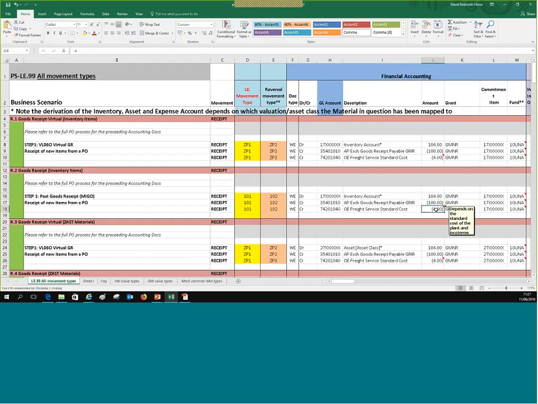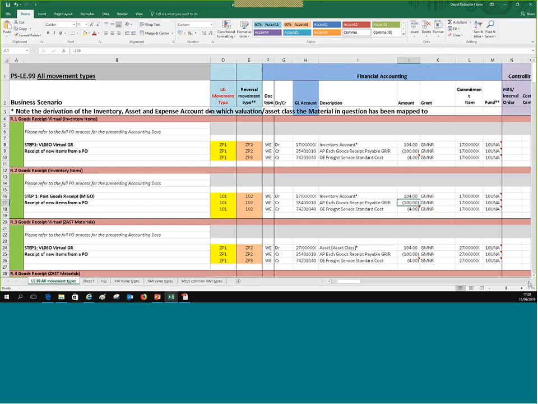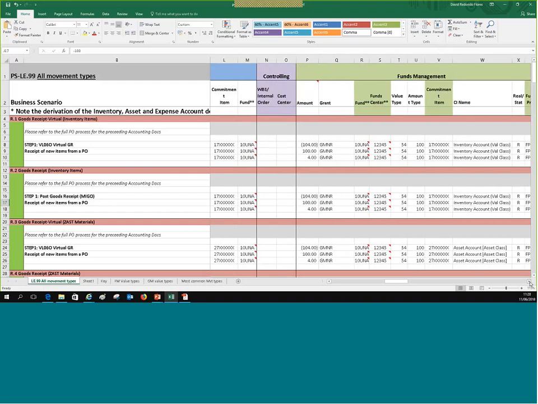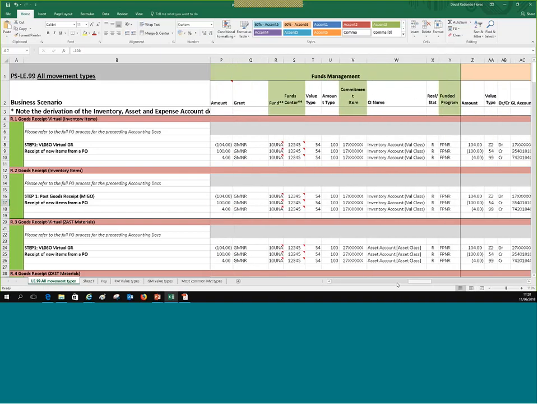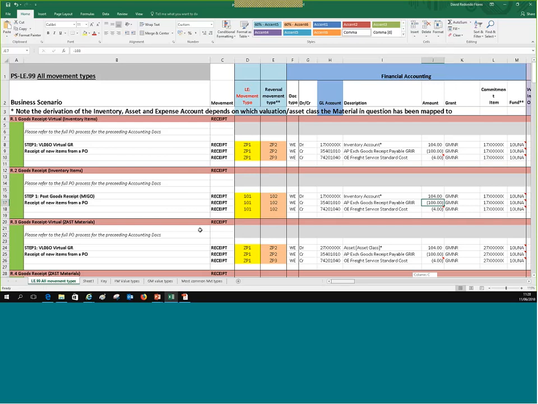For other agencies, it's 4%. So peacekeeping is 8%, other agencies is 4%. But the concept is pretty much the same. And you have the posting here. You can take a look also at the FI integration side, the FM integration. You can check everything. Now this is the posting that I was explaining to you for good receipt.